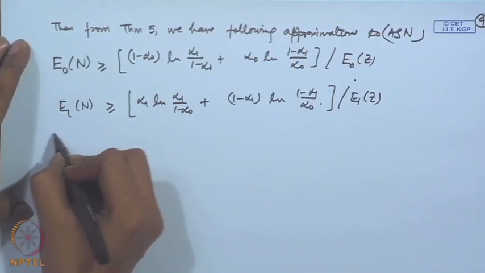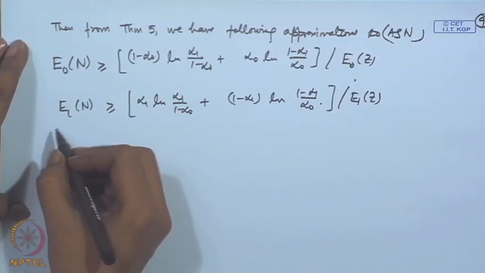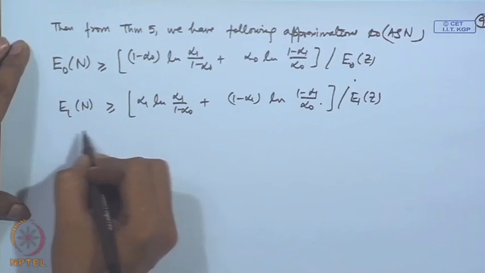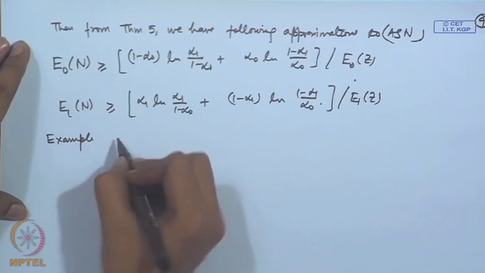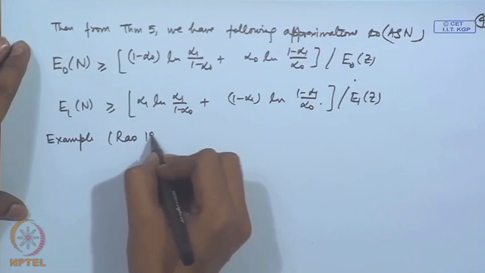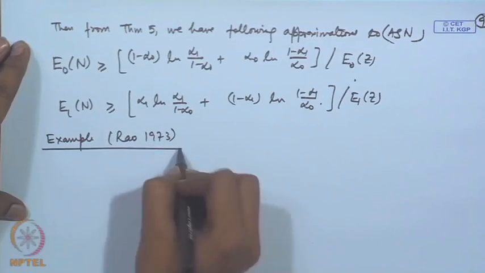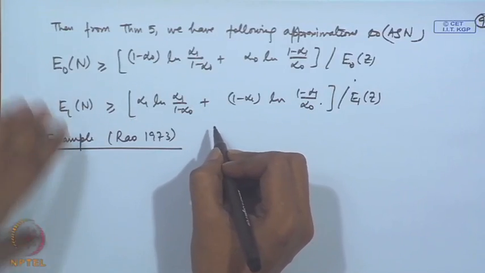I will demonstrate using one example given in the book of C.R. Rao, Linear Statistical Inference and its Applications. So, suppose we are considering observations from a normal population.